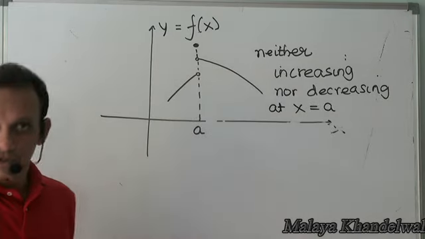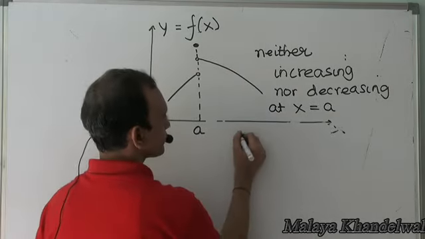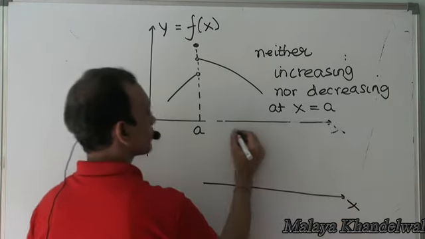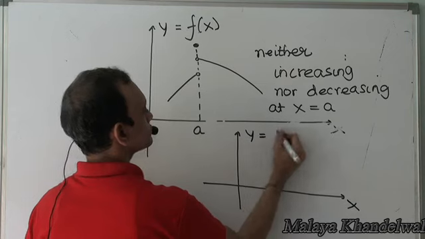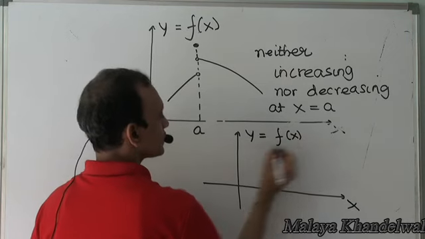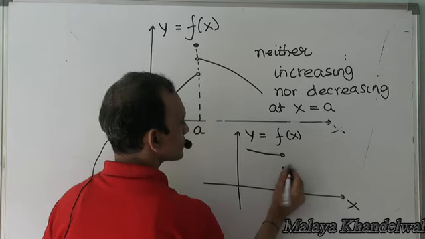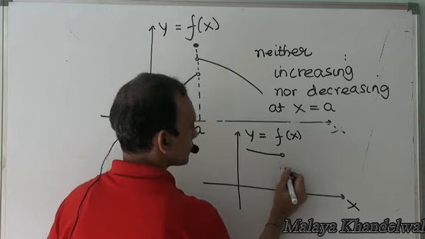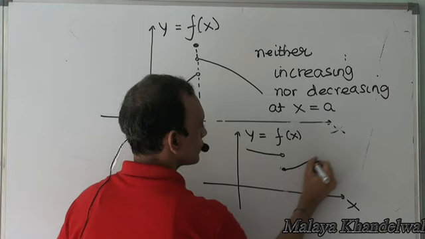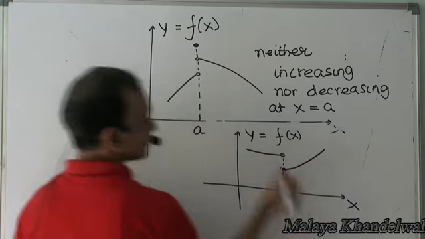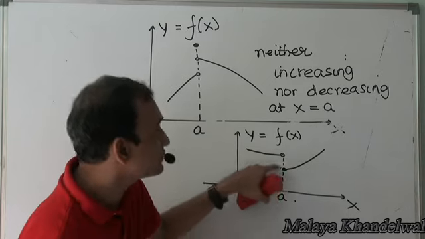It's neither increasing nor decreasing at x equal to a. Suppose I had something like this. Then at x equal to a, this is the value of the function.